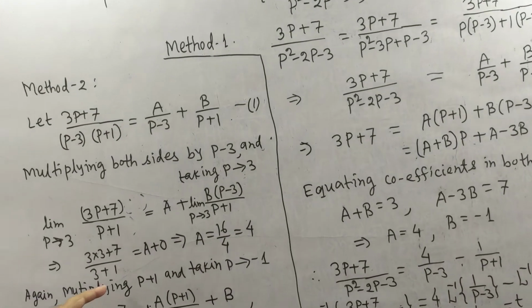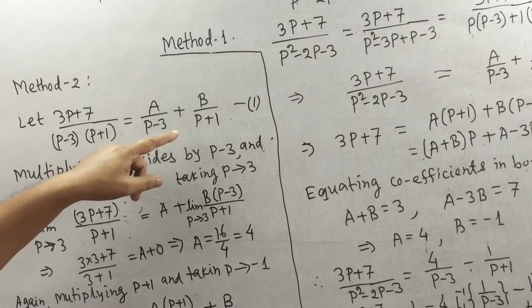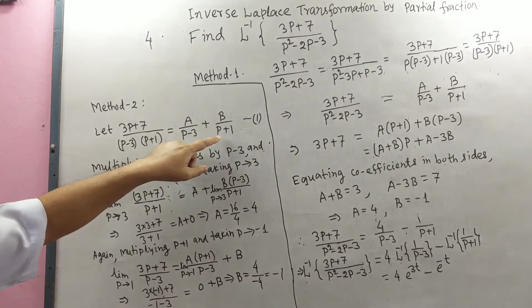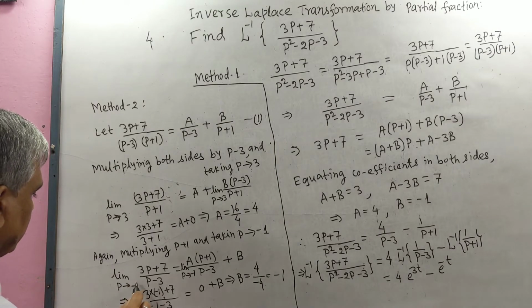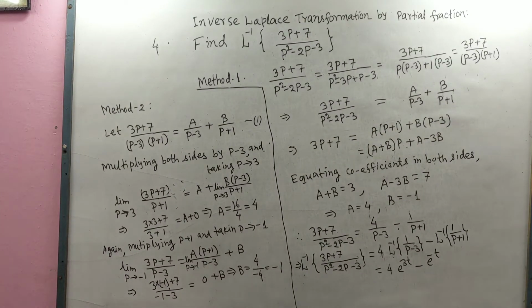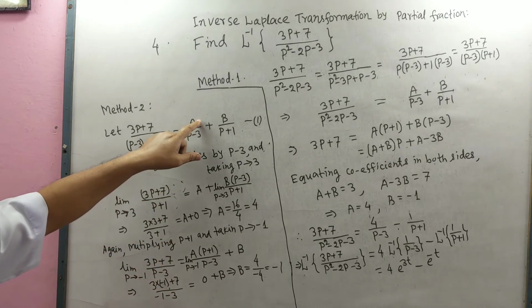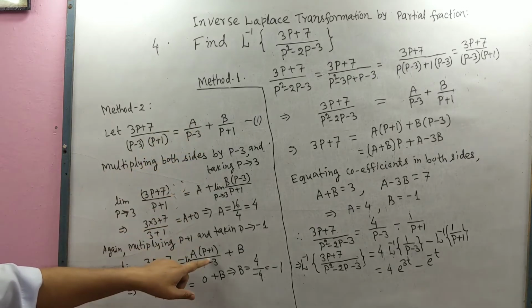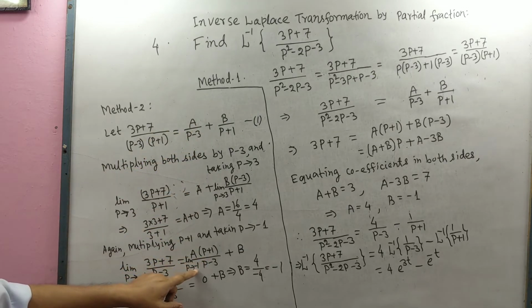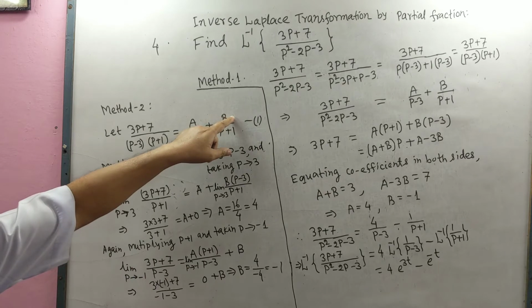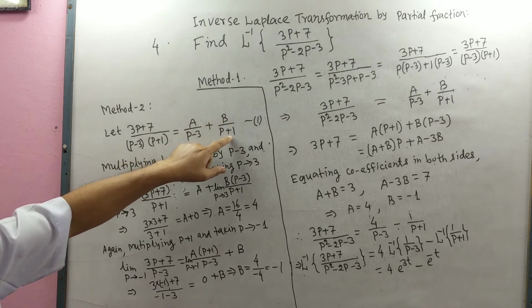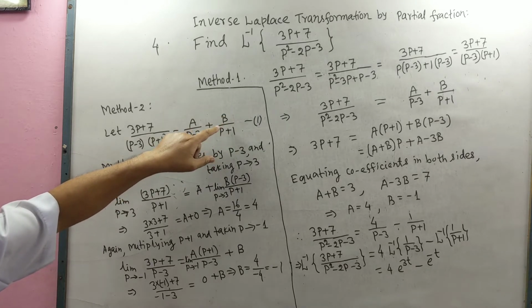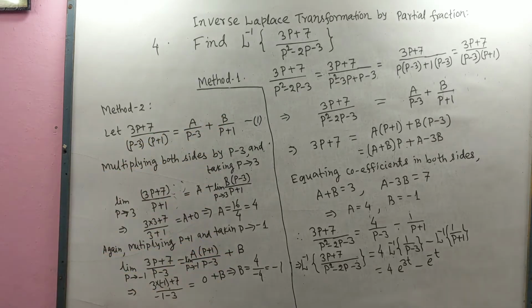Again, multiplying both sides by p plus 1 and taking limit p tends to minus 1. Here we multiply by p plus 1, so the p plus 1 in the numerator and the p plus 1 in the denominator cancel with each other, and only b remains.